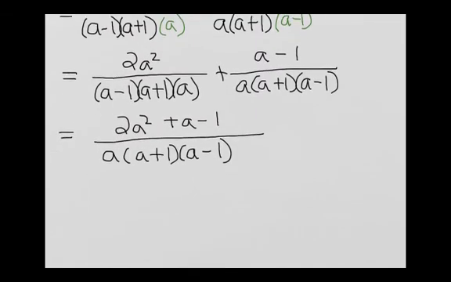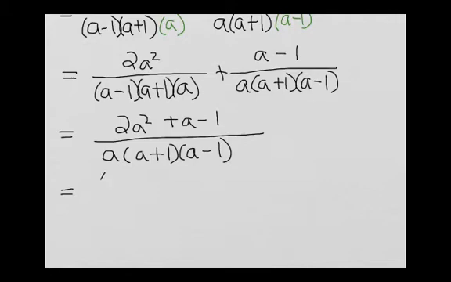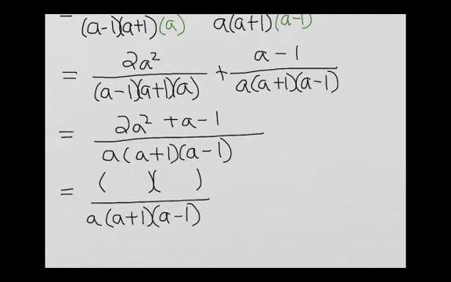So now our fractions are added, and we just need to verify whether or not this fraction is reduced. In order to do that, we need to factor the numerator. And we'll keep our denominator in its factored form, a times a plus 1 times a minus 1.